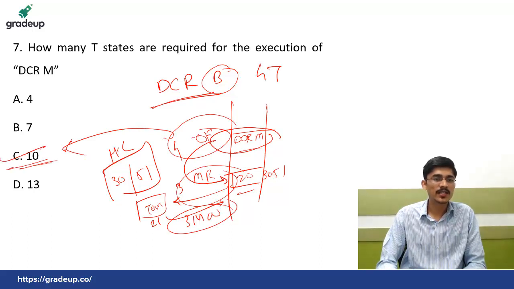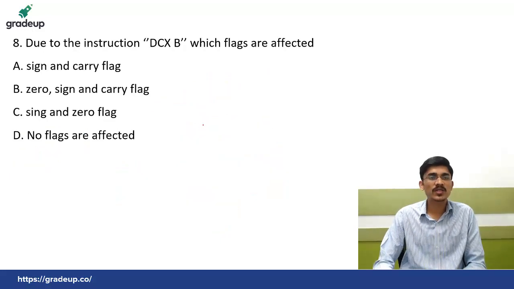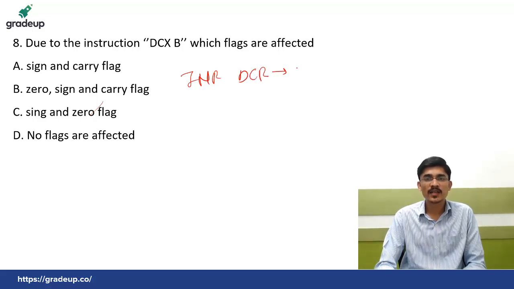So option C is correct for this question. So it will require 10 T states. So let's move to the next question. The next question is, due to instruction DCX B, which flags are affected? I have already told you that in INR and DCR, the carry flag is not affected, all other flags are affected.